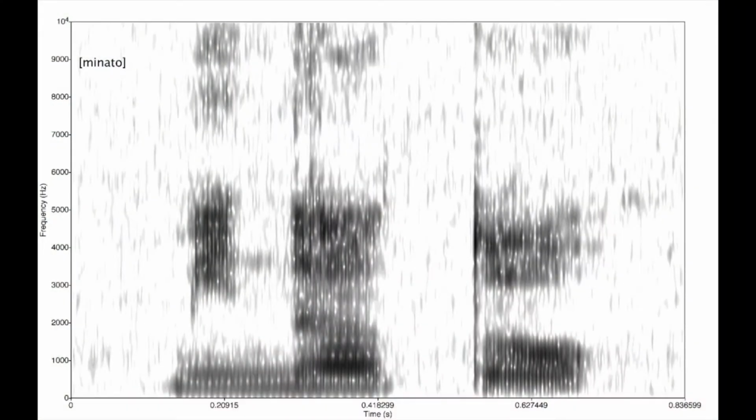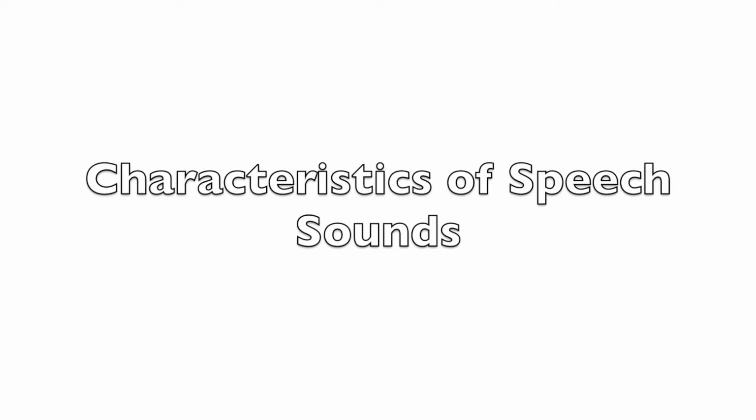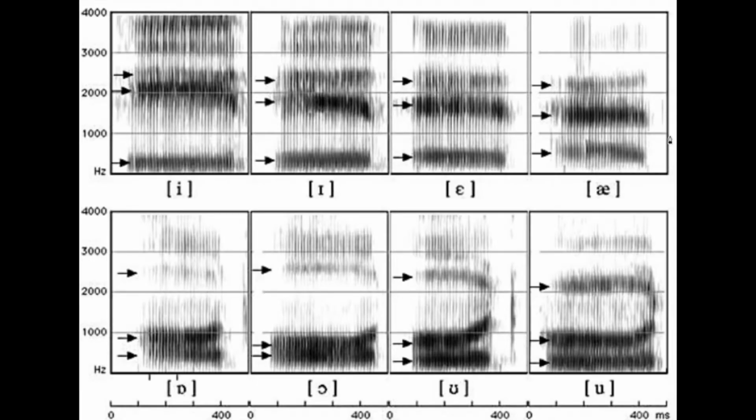There are two elements that can be seen in the spectrogram. First is the frequency, which is on the vertical axis, and time, which is on the horizontal axis. We will now go to the form and patterns of vowels.